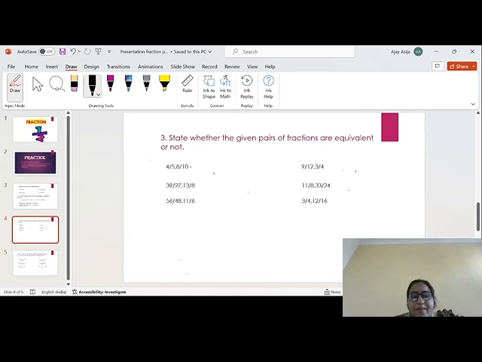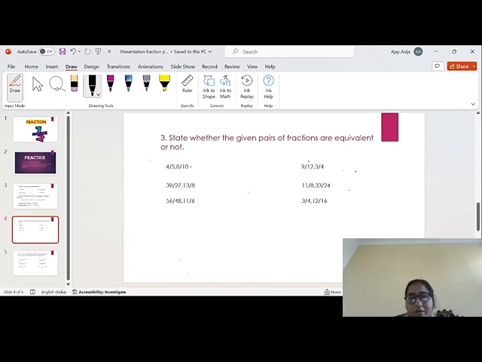In the first step we will see the numerator in the first fraction and the numerator in the second fraction. We will compare them. We will check whether the numerator in the first fraction is less than the numerator in the second fraction or greater. If the numerator is less in the first fraction and greater in the second fraction, then we will do multiplication, because we can move from a smaller value to a bigger value by multiplication.